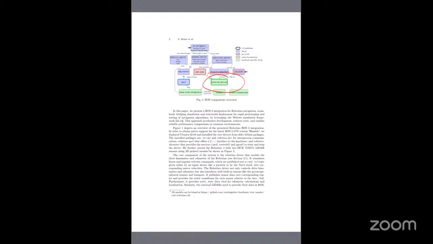Because of this, development was much faster and the experimental cost was reduced, and we can also compare the performance of the robot in simulation as well as in the real environment.